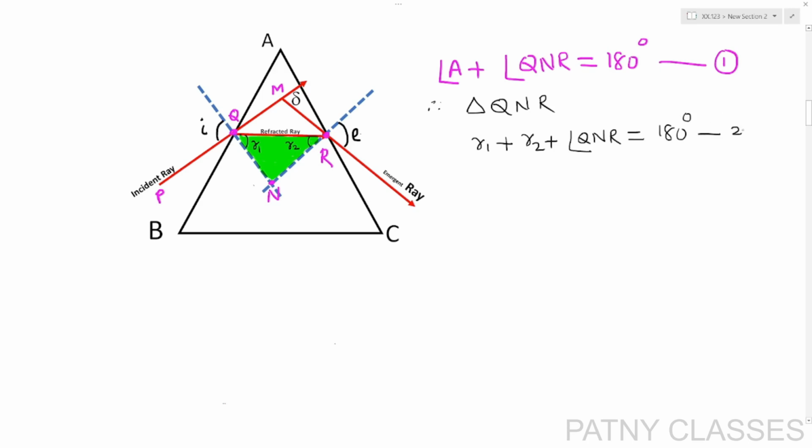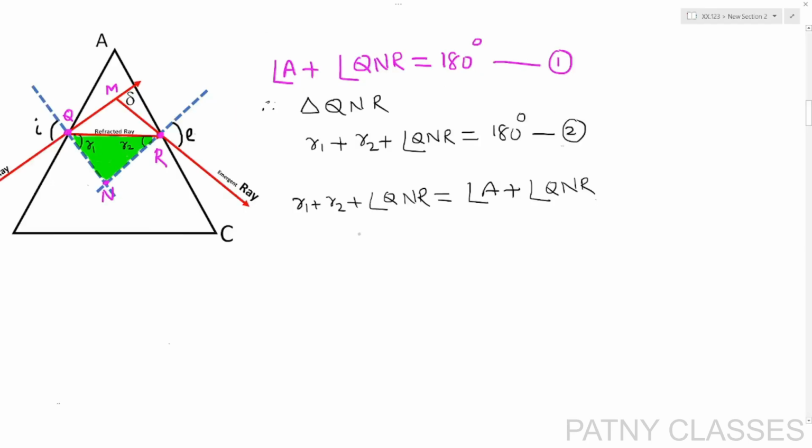Call it equation number 2. Since the RHS of equations 1 and 2 equal 180 degrees, comparing the left sides, we get R1 plus R2 plus angle QNR equals angle A plus angle QNR. Cancelling angle QNR on both sides, we get R1 plus R2 equals A. Call it equation number 3.